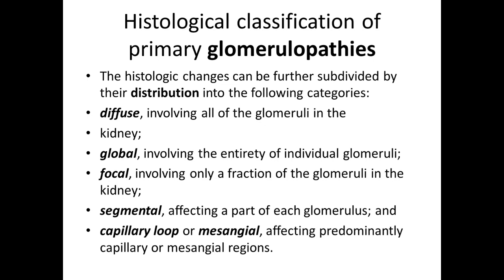Classification guides of primary glomerulopathies depend at first on histological changes, which include diffuse changes involving all of the glomeruli in the kidney, global changes which involve the entirety of individual glomeruli, and of course focal, segmental, and capillary loop or mesangial changes.